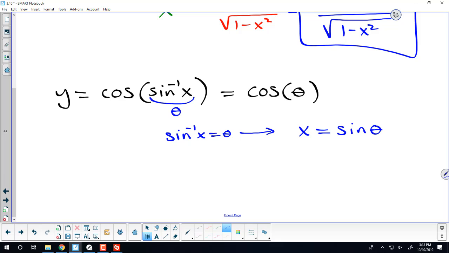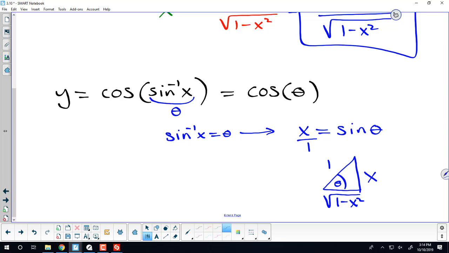So if sine theta is x, it's x over 1. So sine of this angle is the opposite over the hypotenuse, right? The other side is found by Pythagoras' theorem.